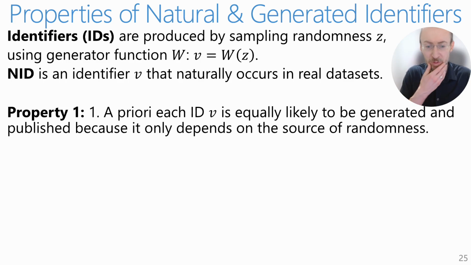Property 1 of IDs is that a priori this ID V is equally likely to be generated and published because it only depends on the source of randomness. So the idea is that if I generate an SSH key now and put it into my GitHub repository, of course it should be a public SSH key, then it doesn't matter if this was generated today or maybe 2 days later; the values should be random values.